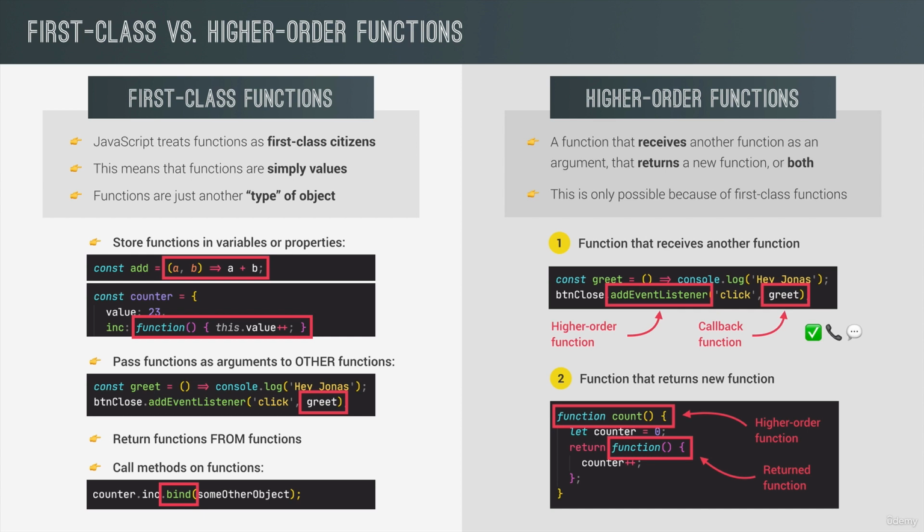It's just a concept. There are, however, higher-order functions in practice, which are possible because the language supports first-class functions. So it's a subtle difference, but still worth noting if you want to be able to talk like a true JavaScript master. Great. Now in the next lecture, let's actually create our own higher-order functions.